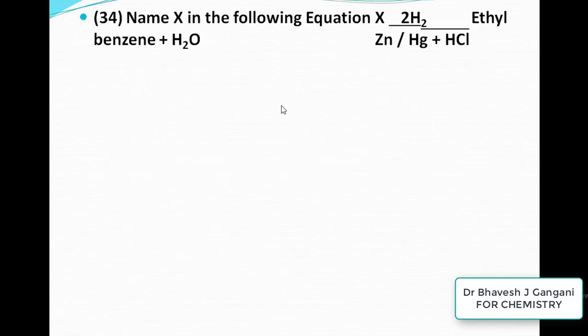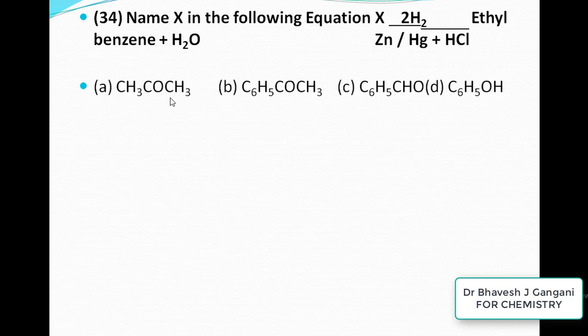Now question number 33. Name the X in following equation. Now X on reduction gives us ethyl benzene. Now for reduction purpose we will use zinc amalgam plus concentrated HCl.